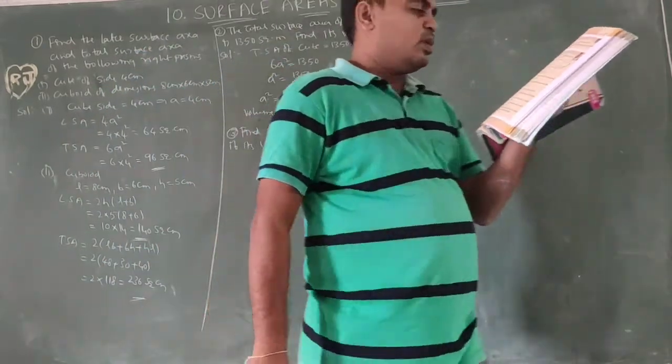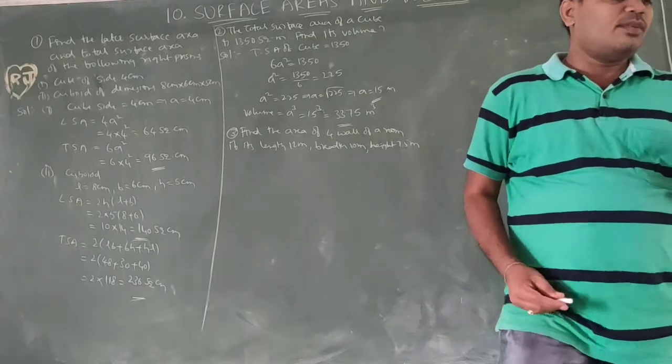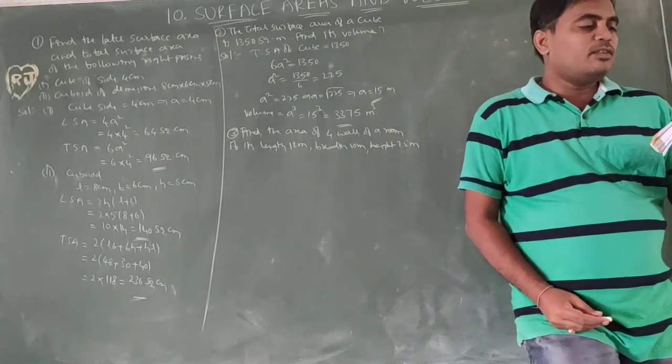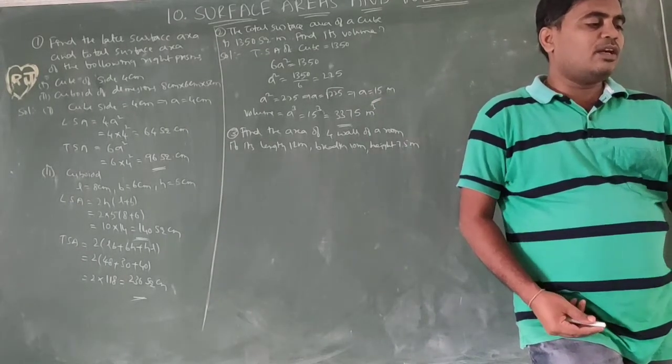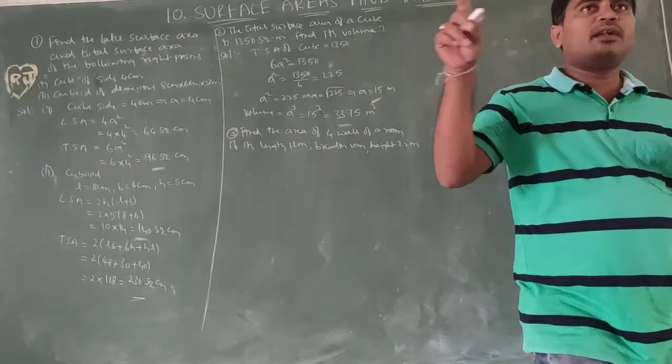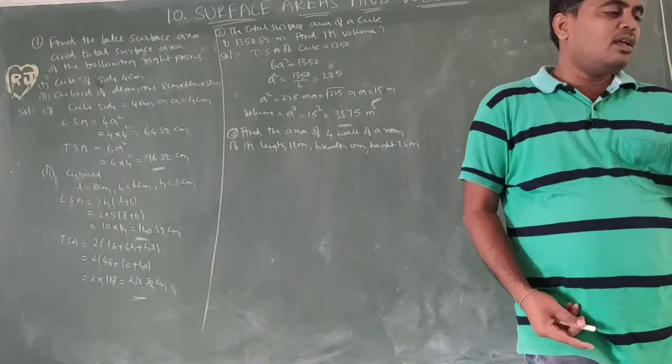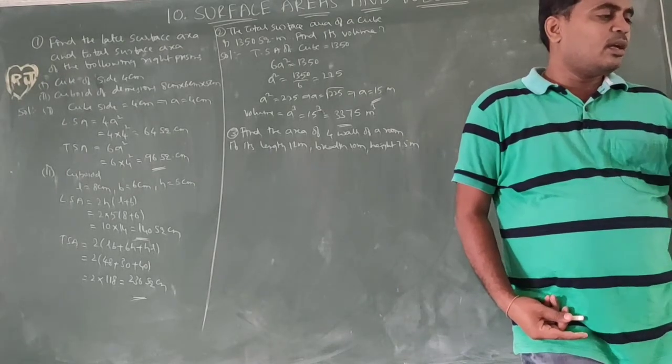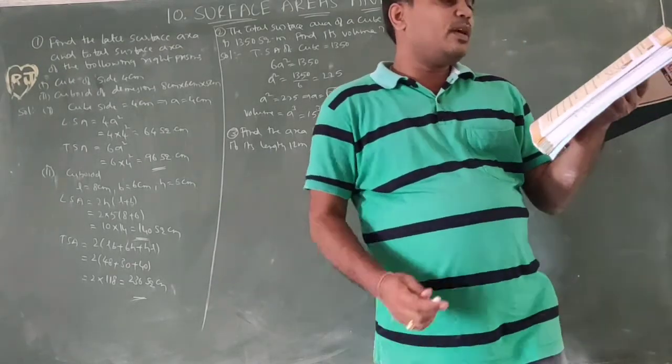Okay. Find the area of the four walls of the room. So assume that there won't be any doors and windows. So we are thinking that there won't be any doors and windows. Now, length, breadth, height is given.